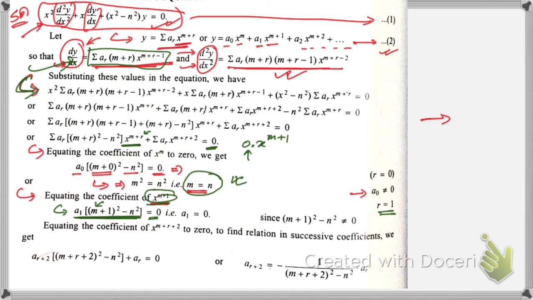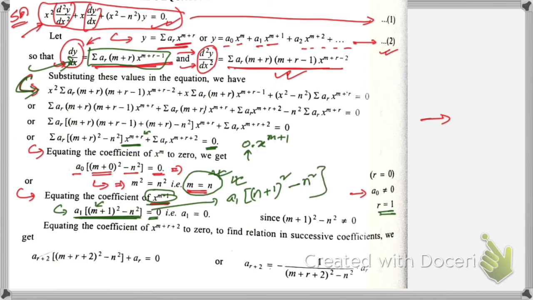From this equation, what you will get? From this equation you will get a1. So here you see this m can be replaced by n, right? Then m plus 1 whole square becomes n plus 1 whole square, then minus n square.